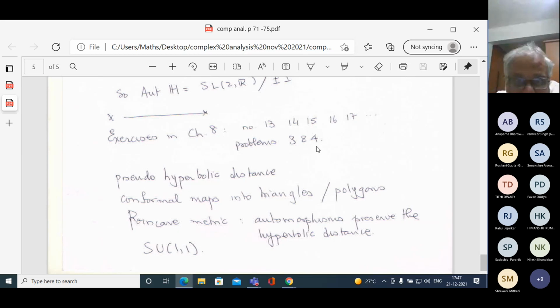They have to do with hyperbolic distance and conformal maps. How do you map conformally to triangles, or to polygons? There's something called the Poincaré metric. The automorphisms preserve the hyperbolic distance, and there are a huge number of ideas associated to this, and the outlines of these ideas are given in this set of exercises.